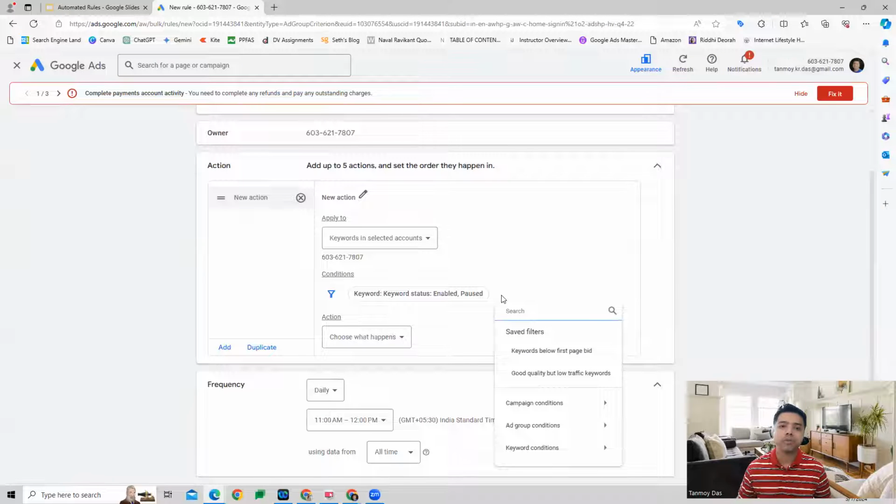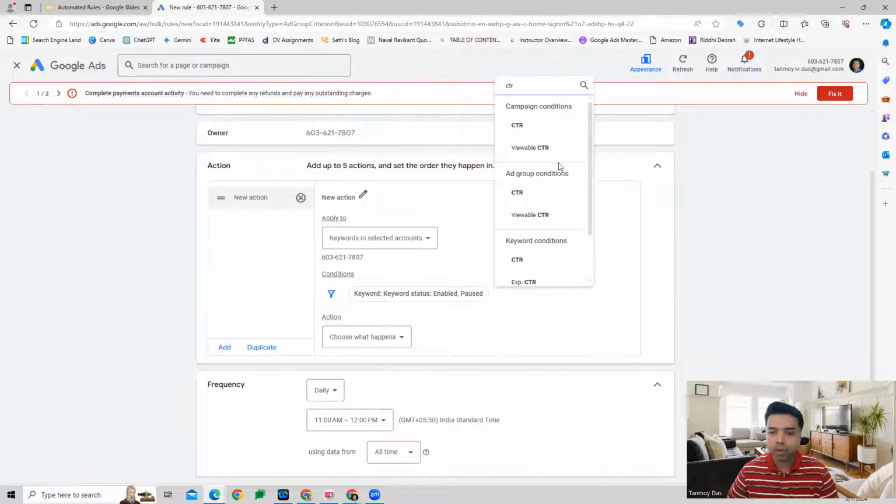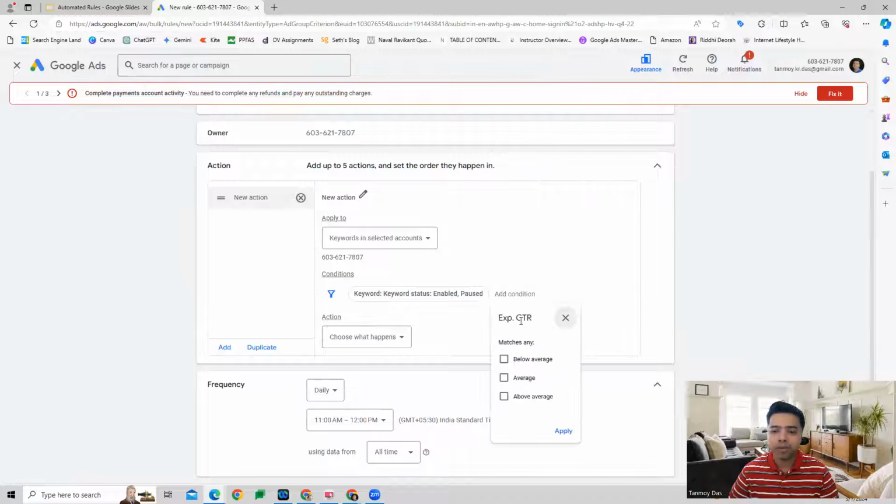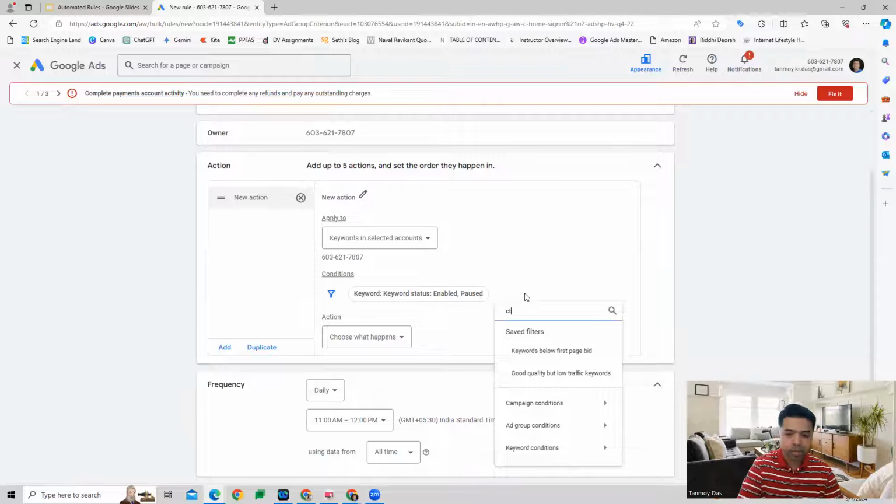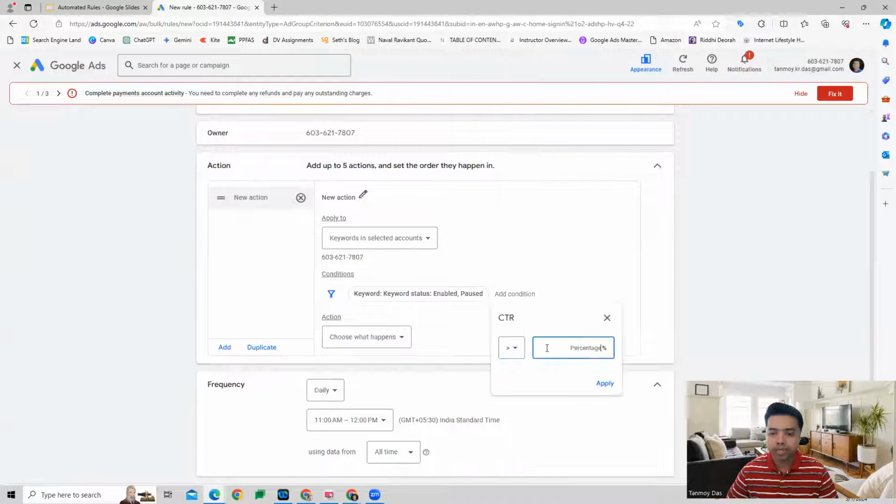The condition is, now we have to look at what we mean by a good keyword. A good keyword will have good metrics. Let's say the CTR of that keyword specifically is high. Okay, so let's say the CTR is more than 2%.